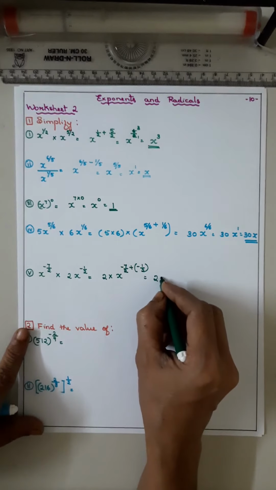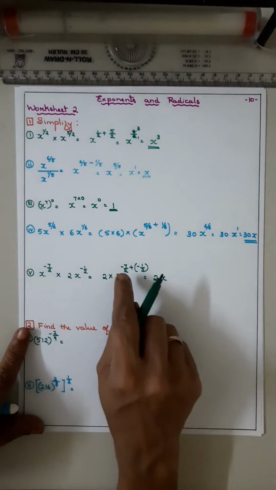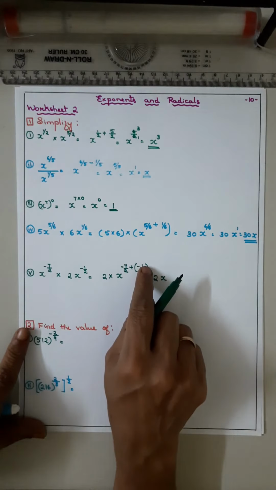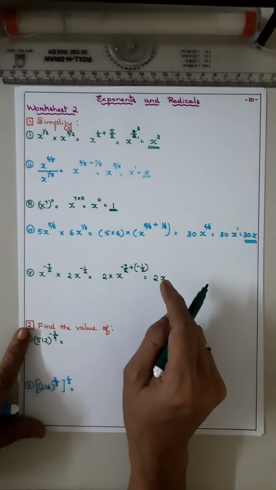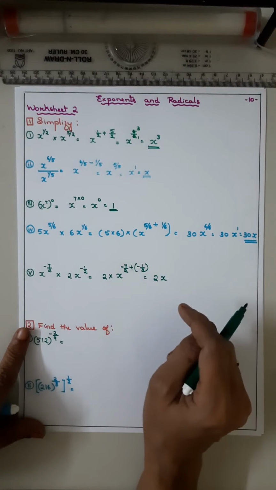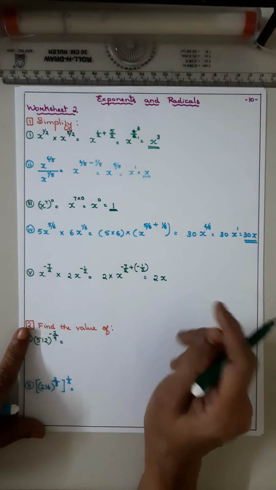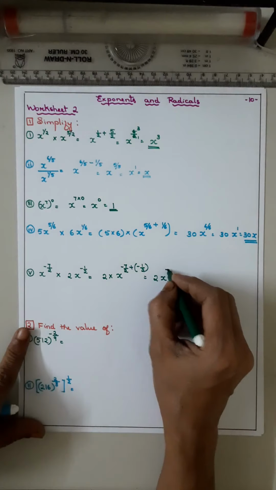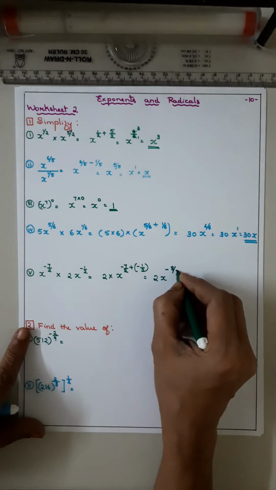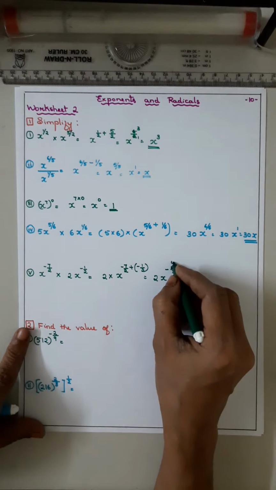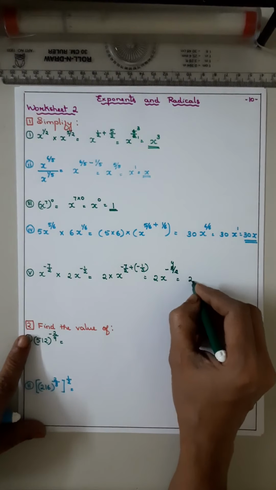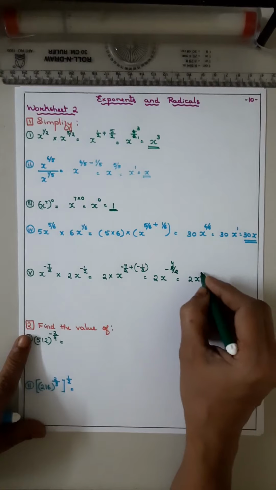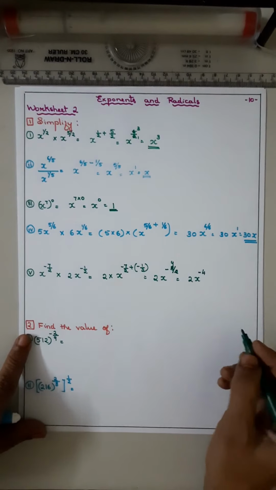Now minus 7 by 2 and minus 1 by 2, the denominators are same. Add the powers. So minus 8 by 2. 2 4s are 8. That means it is 2x to the power minus 4.